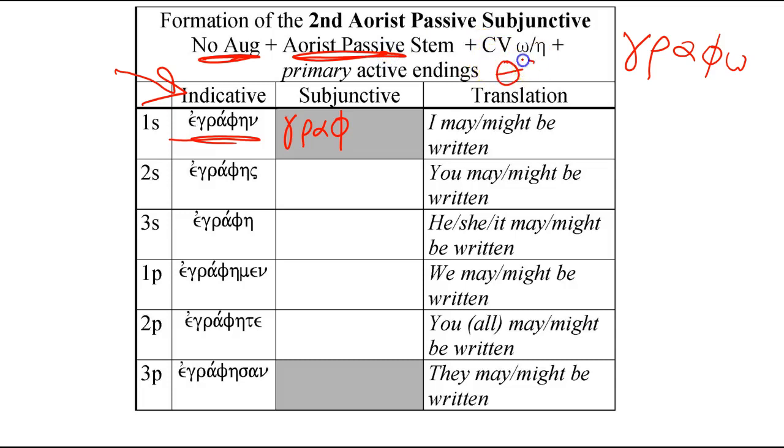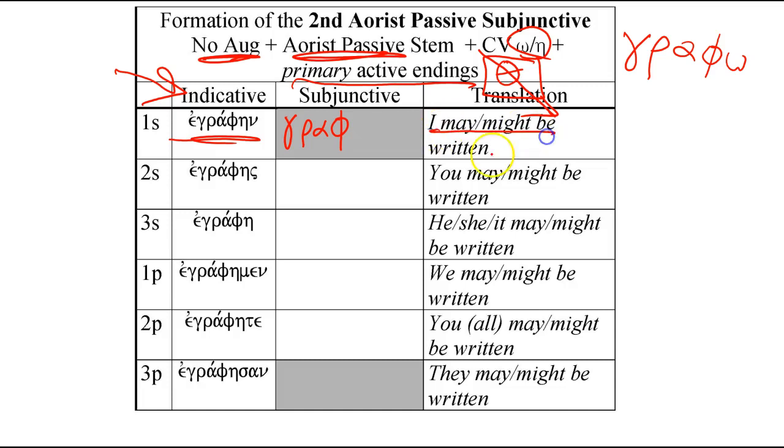There's no theta. The key feature of the second aorist passive forms is that they drop the theta, but we keep the long vowel, and they use the primary active suffixes. So this is going to be graphO.